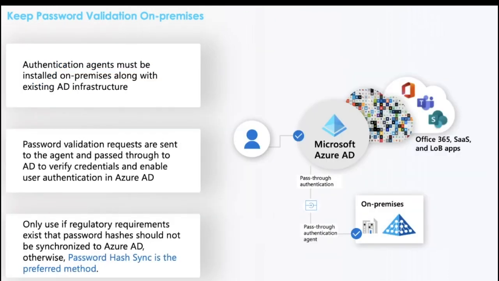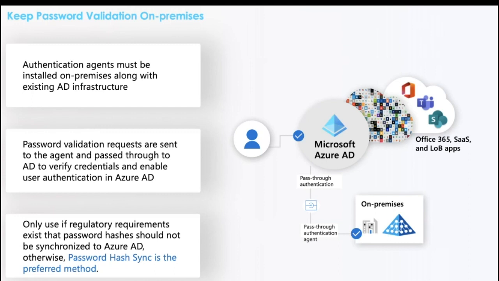Now, there's also another layer of pass-through authentication. This is where you set up an agent where, as a user enters their password, Azure AD reaches out to Active Directory and says, hey, validate whether this password is active or not. It doesn't actually have the password hash. It passes that through the pass-through authentication.